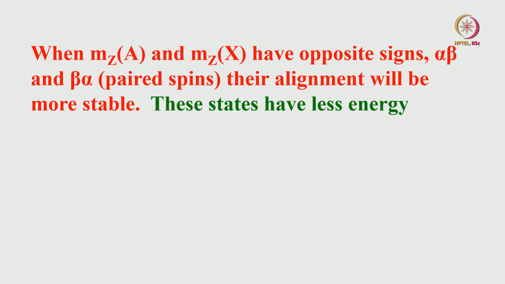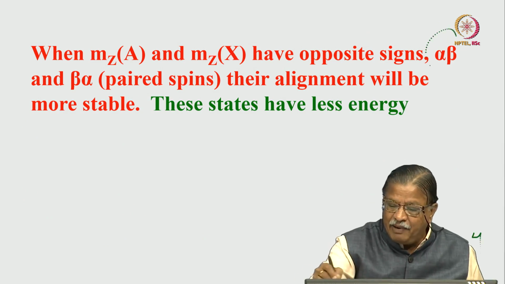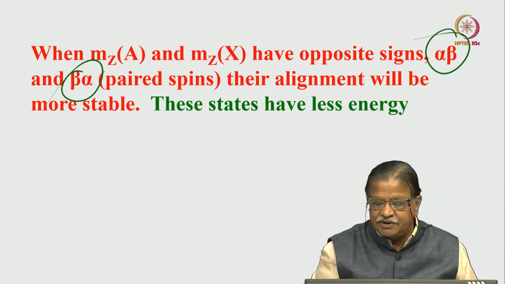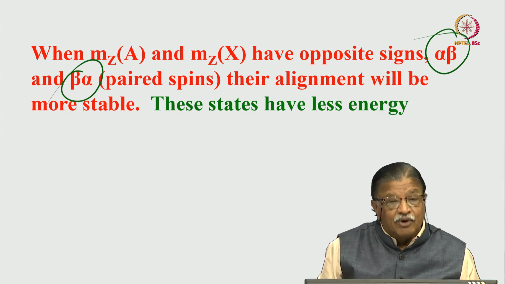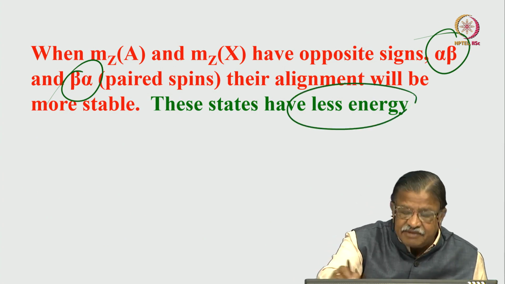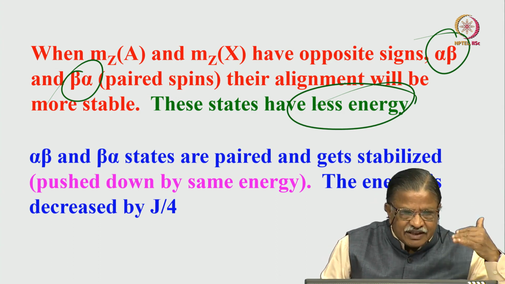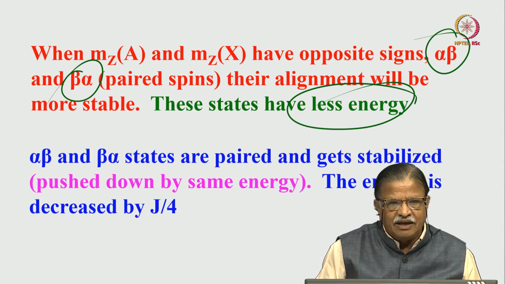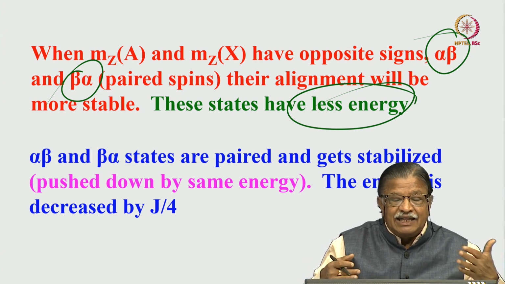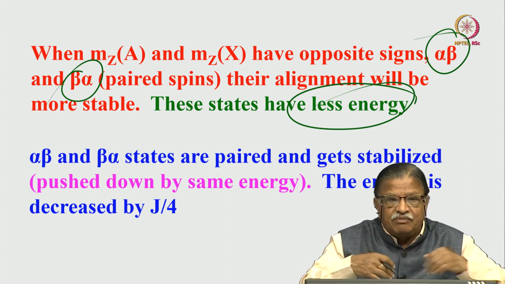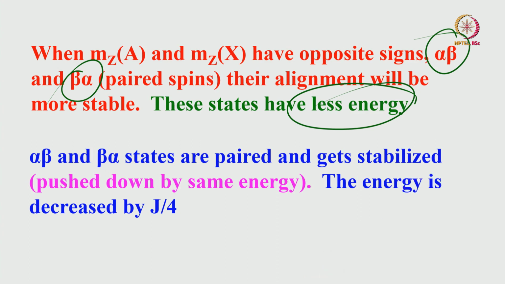Now we consider the situation where it is paired, alpha beta and beta alpha, they are paired spins. Their alignment will be more stable, so they have less energy. Then obviously, the states alpha beta and beta alpha get stabilized and their energy comes down, decreased by J by 4.